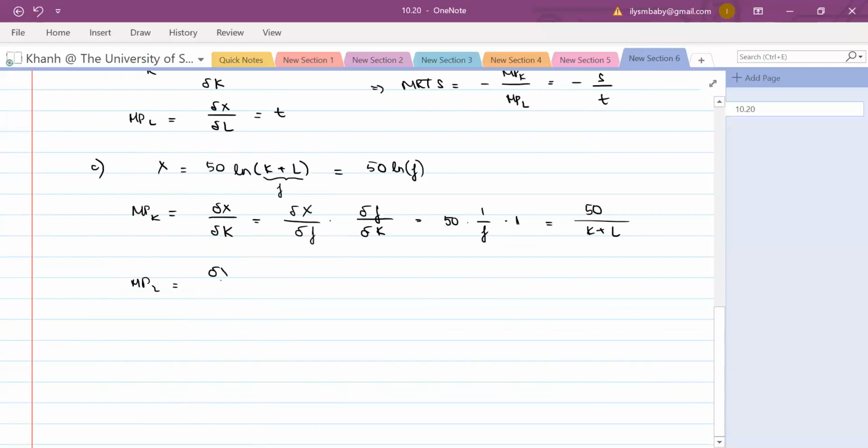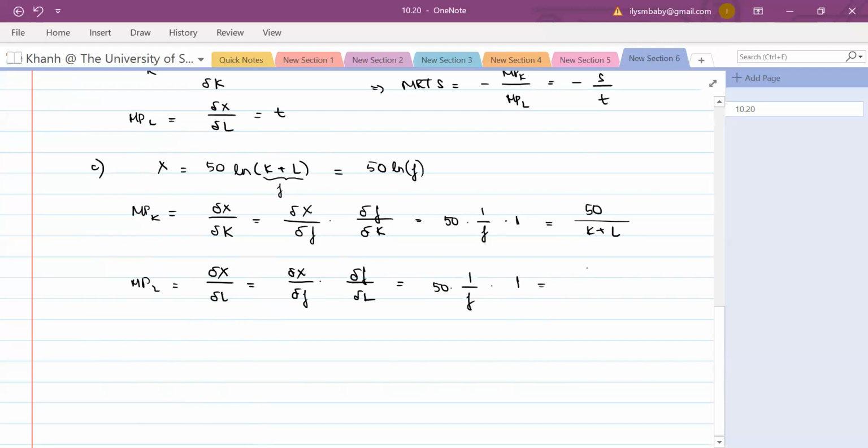All right, so very similar, marginal product of labor is just going to be the change in x given the change in f times the differential of f with respect to L. So again, the differential of x with respect to f is 50 on f, and multiply by the differential of f with respect to L, which is 1.